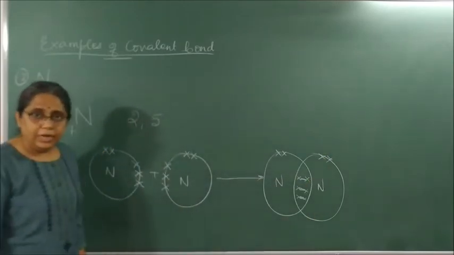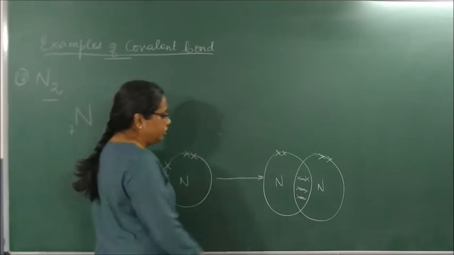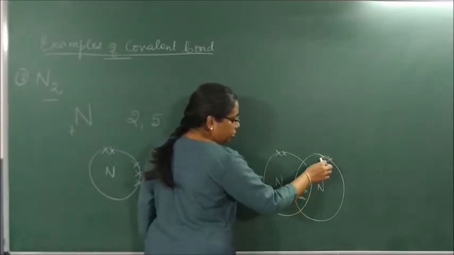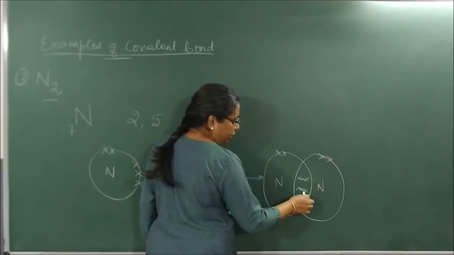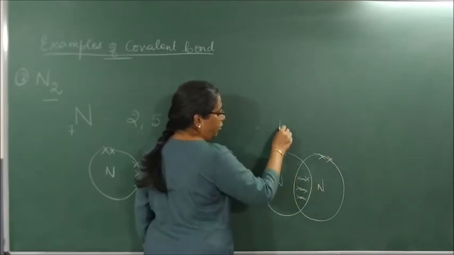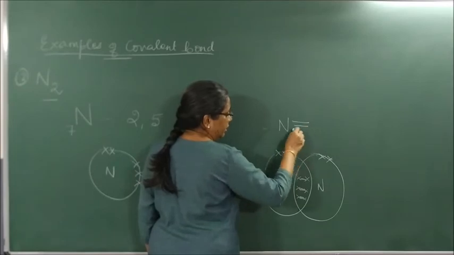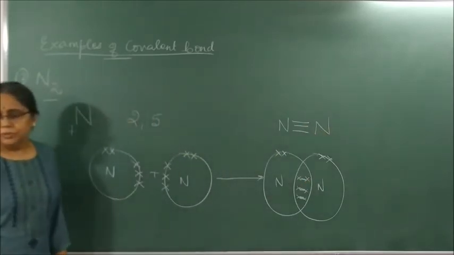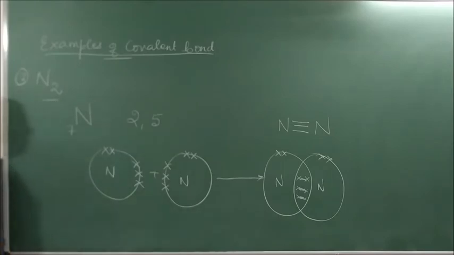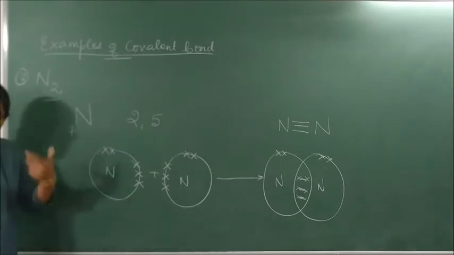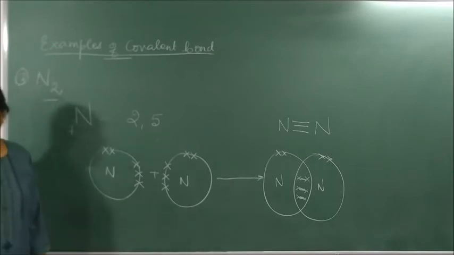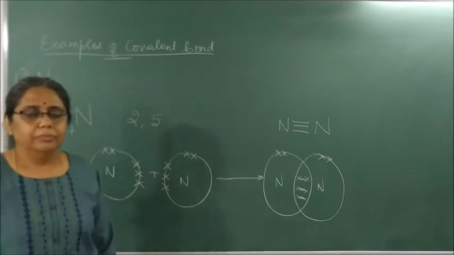Now please look here. Let us see whether they have 8 electrons. 1, 2, 3, 4, 5, 6, 7, 8. Look here, 1, 2, 3, 4, 5, 6, 7, 8. So how is the bonding? N triple bond N. Clear?